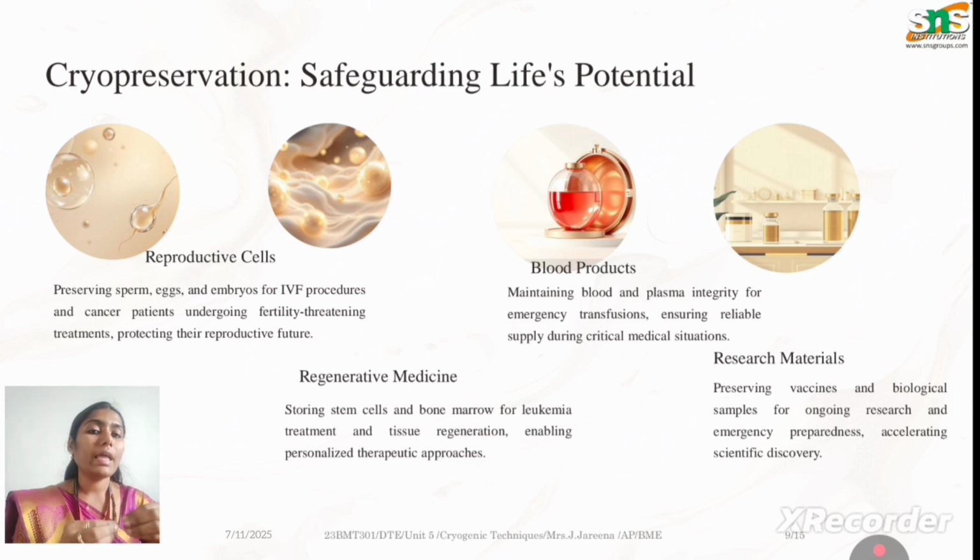We can also use it for regenerative medicine, where you store stem cells and bone marrow to treat disorders like leukemia, or for processes like tissue regeneration. Cryopreservation also plays a very important role in research, like preserving biological samples to accelerate scientific discovery even more.